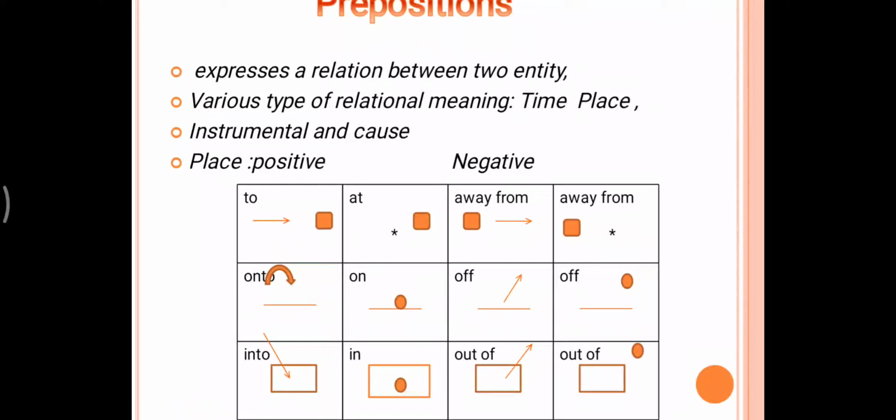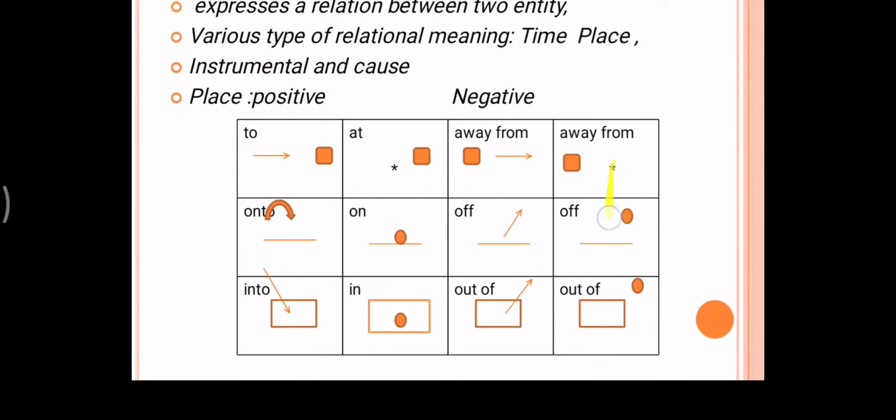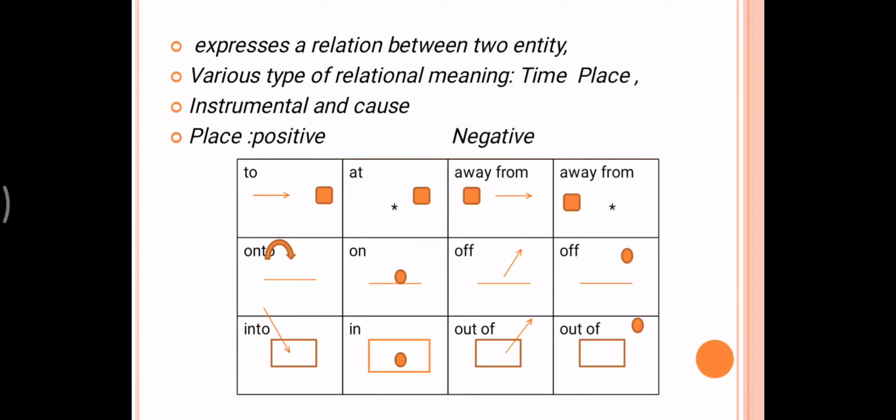So you can indicate the position. In the same way, if we have this type of words that we can indicate, so the direction and position that you can easily find in the chart. Next is, as we see, out of. So the dimension is there: hall, classroom, home, like this.